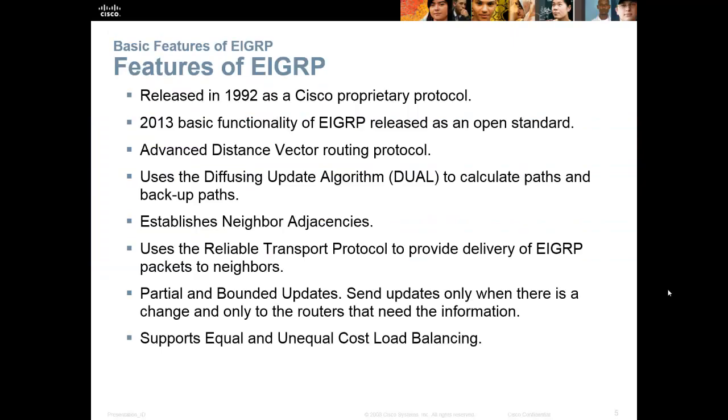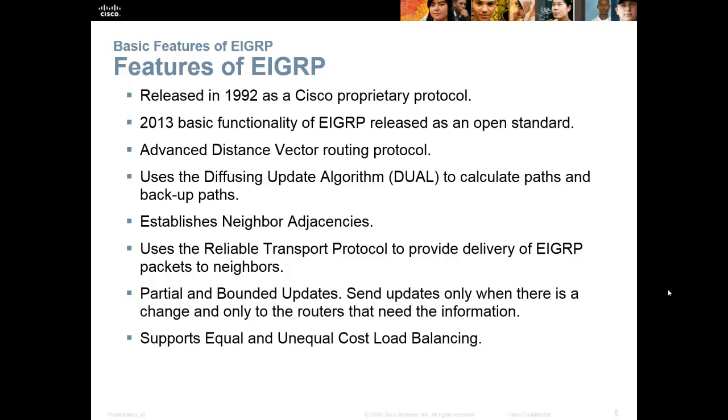So, EIGRP. As far as routing protocols go, 1992 is a pretty recent protocol. Most of our stuff has been developed in the 80s and 70s. And remember, EIGRP is a Cisco proprietary protocol, which means in order to run EIGRP, you have to have all Cisco routers.